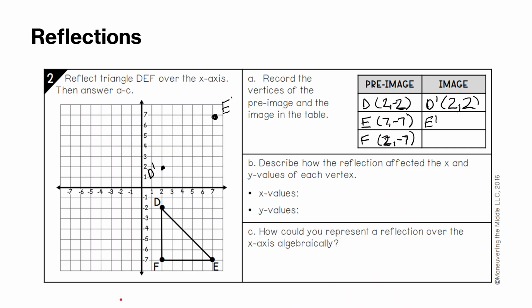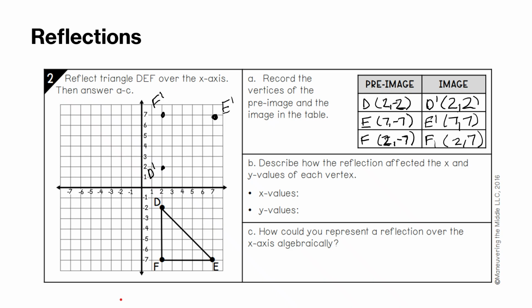So E prime is at positive 7, and F prime, instead of going down here, we're going to go up. So it's going to be at 2, 7, and this is F prime. So 2, positive 2, positive 7.